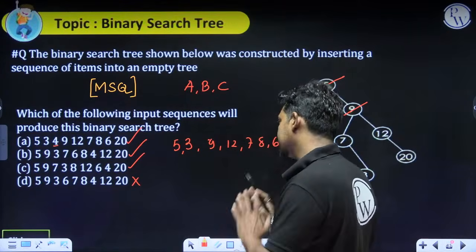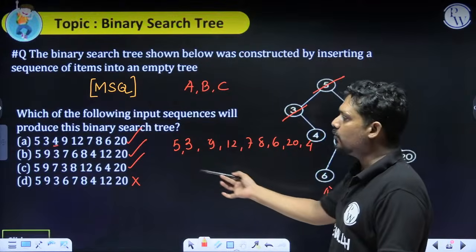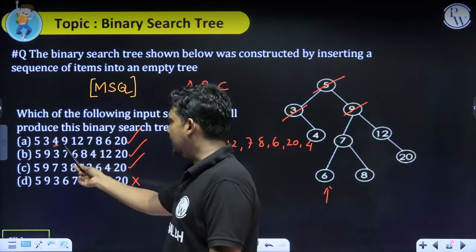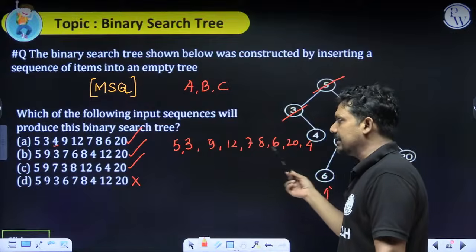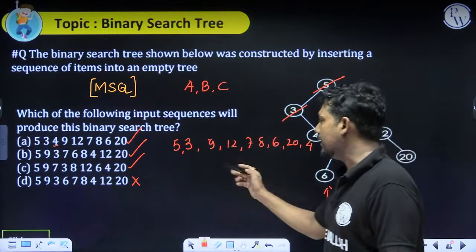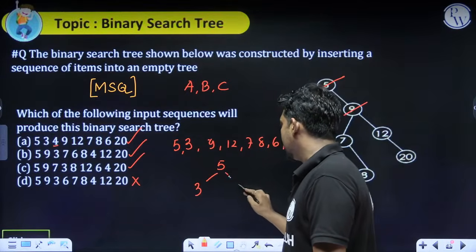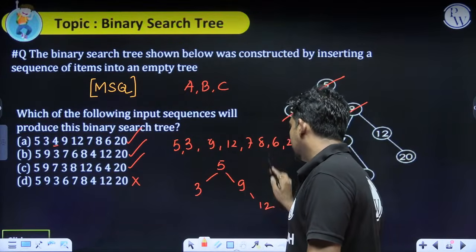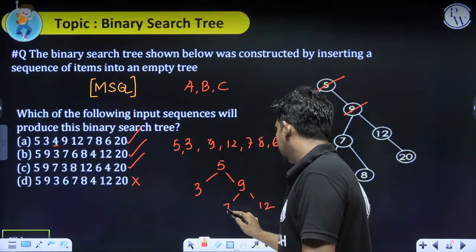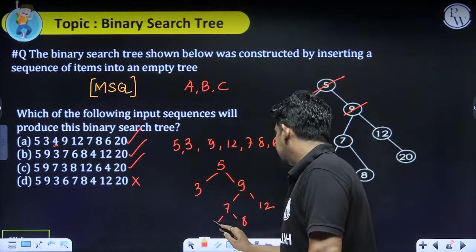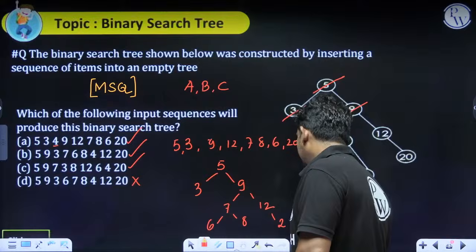I change the sequence. I take out 4 from here, and I keep all the other sequence the same, and after that 20. Look here, 5, 3, 9, 12, 7, 8, 6, 20 and then 4.